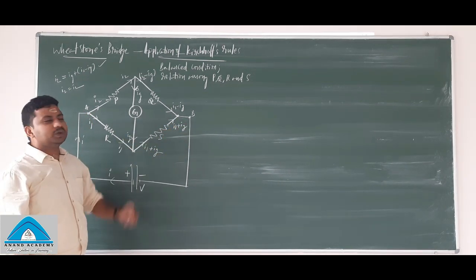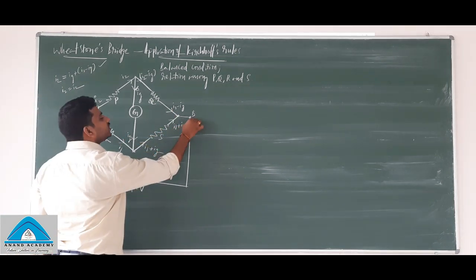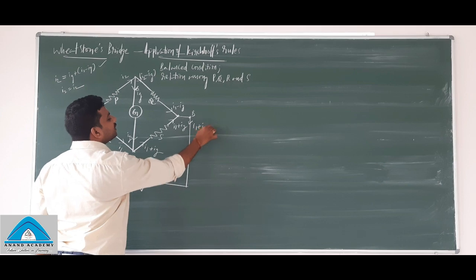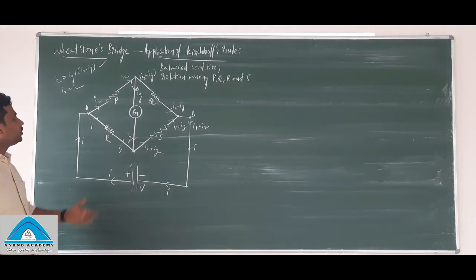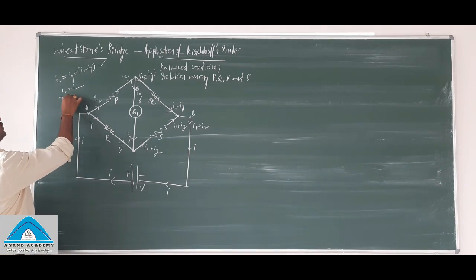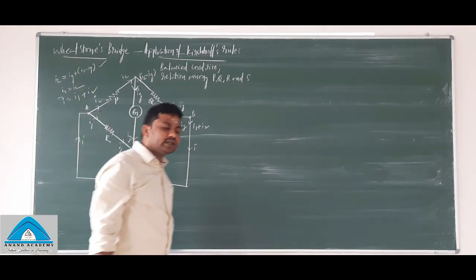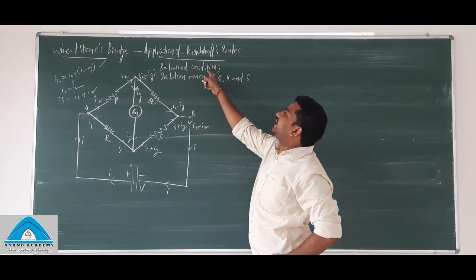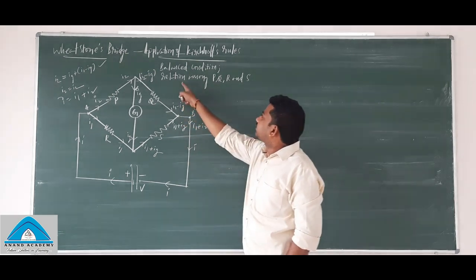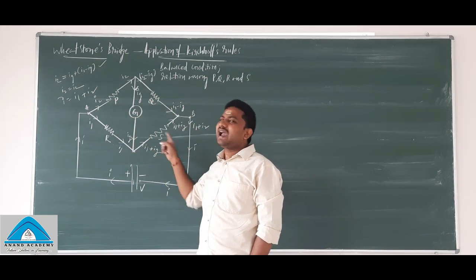Add these two: minus Ig plus Ig cancel, and you have I1 plus I2, which is equal to I. So I is equal to I1 plus I2. Clear?